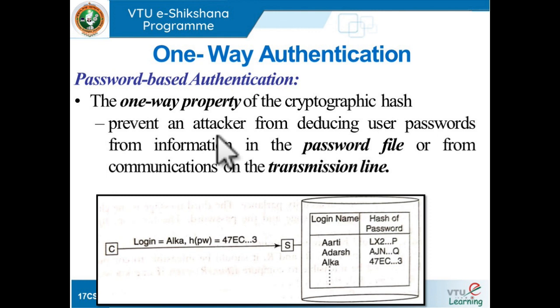You can hide the information during transmission, or you can make this information unintelligible even in the password file. Now both the ways we are able to tackle this disadvantage of the previous password based authentication. Now we know that hash has the one-way property, and we also know how hashes are verified.